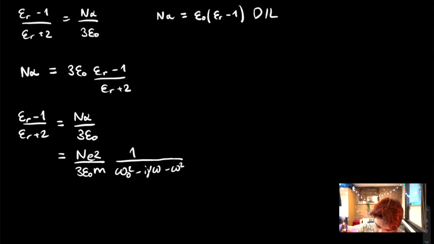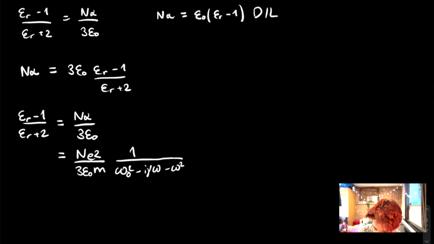Well, if your driving frequency is really, really low, then this omega squared is going to be pretty much negligible, because you have a very small number that's being squared, so it's going to be really, really small. And we can also not bother with this term either, because if the frequency is really low, there's not going to be a lot of damping.